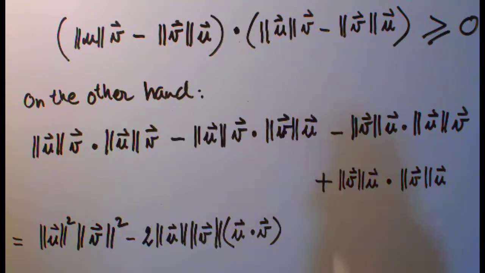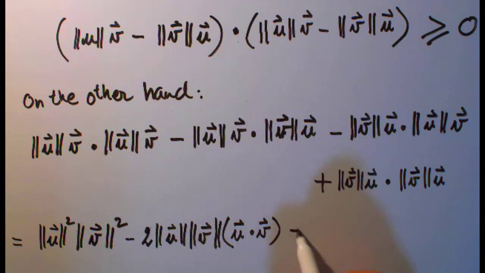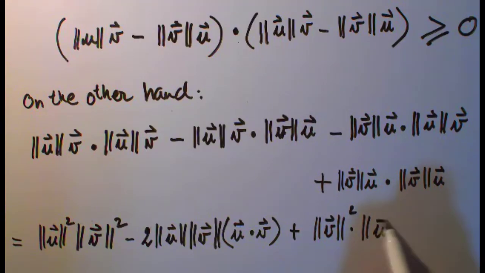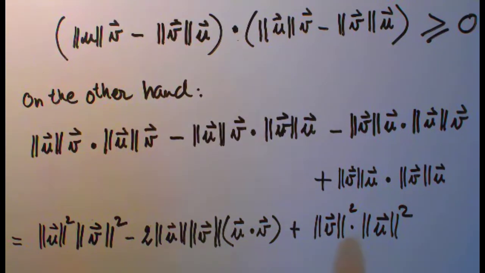And then the last term here is the same as length v squared times length of u squared. And these two terms are now like terms.